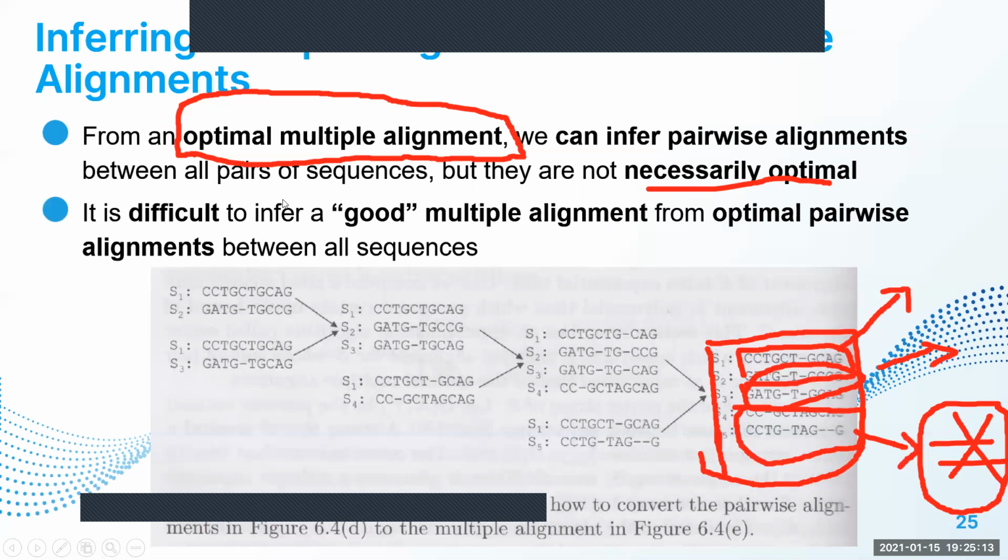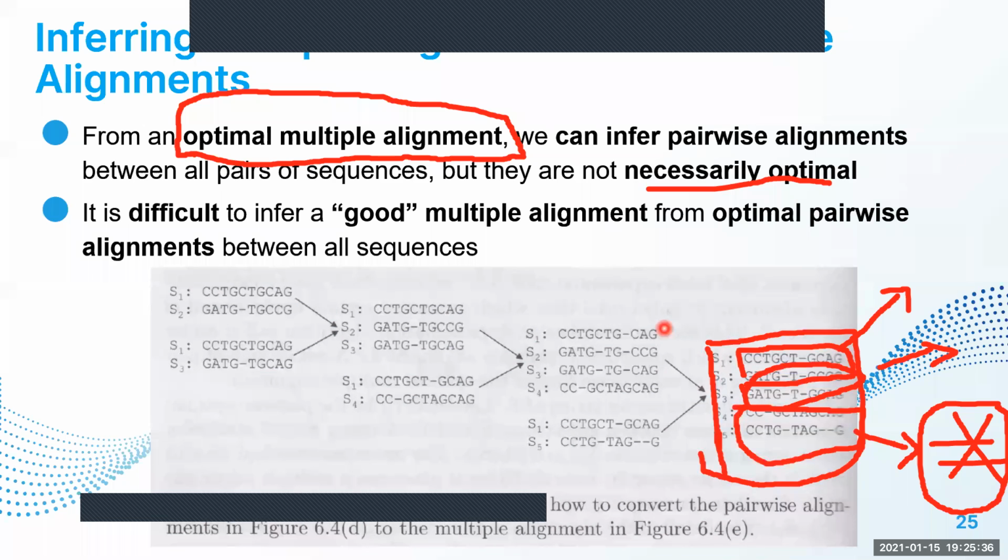So it is actually difficult to infer a good multiple alignment based on the optimal pairwise alignments. If you try to get the optimal pairwise alignments and then try to get the optimal multiple alignment, that won't work every time.